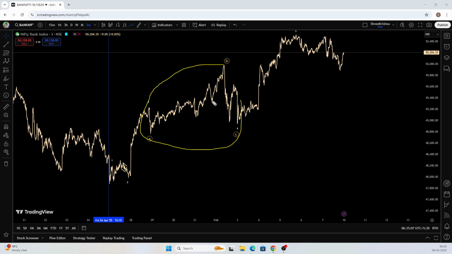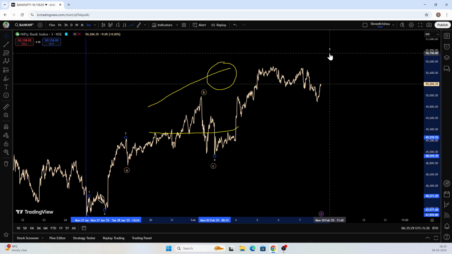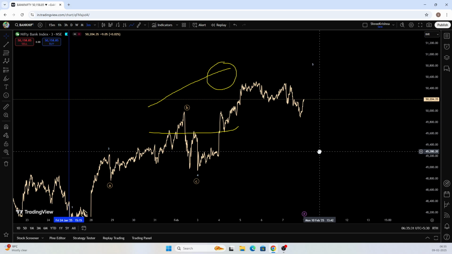When you go to the new high, it basically explains how much buying and selling there is. This we call an expanding flat. And institutions will come to know, with a certain degree of accuracy, how much buying is there, how much short covering is there. So the 5th wave is getting extended here.